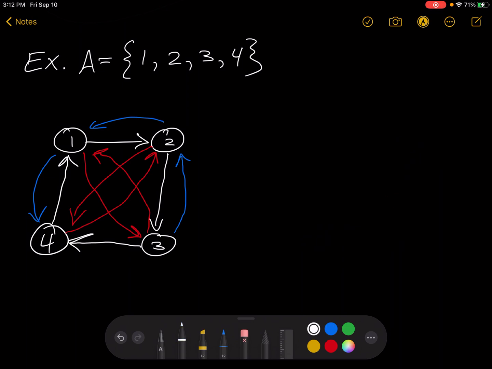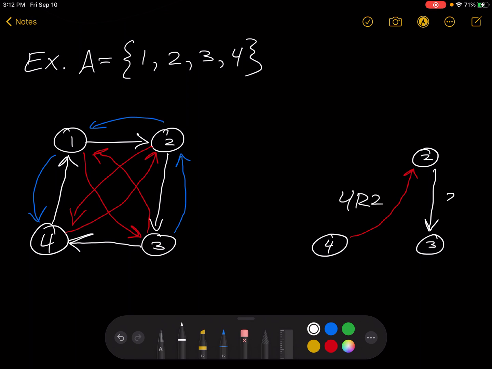All right, now we have, okay, here we have 4R2, 2R3. So let's see, that's 4R2 and 2R3.